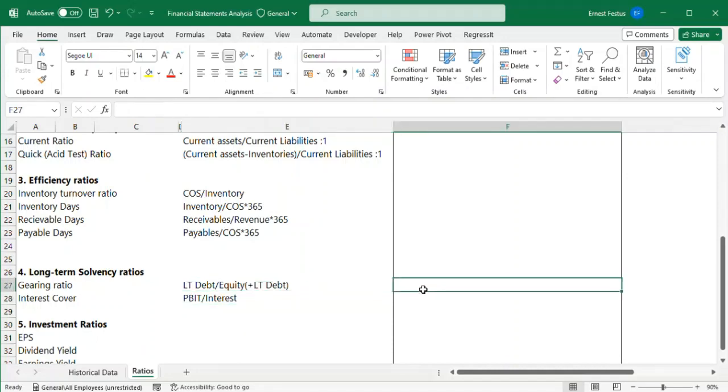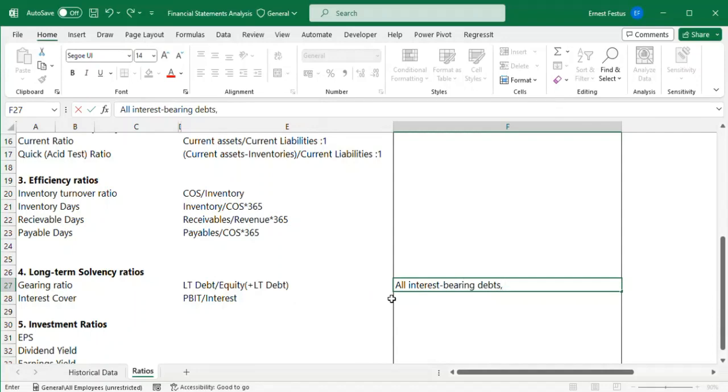Now the long-term debt you are talking about here, you are talking about all interest bearing debts.